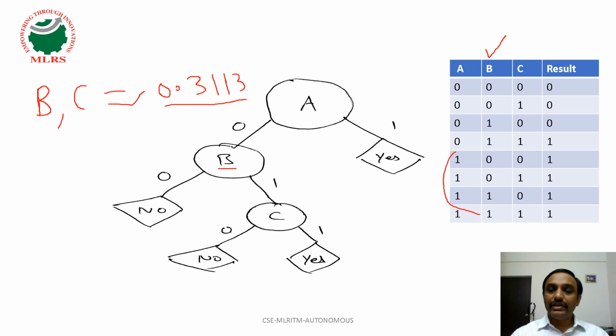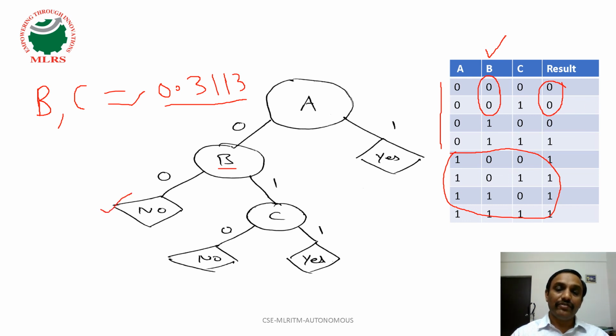Here, there is no need to consider where A value is equal to 1. That decision is already over. We have to consider only this part. Now see, if B value is 0, the result is 0, so we take it as the leaf node.